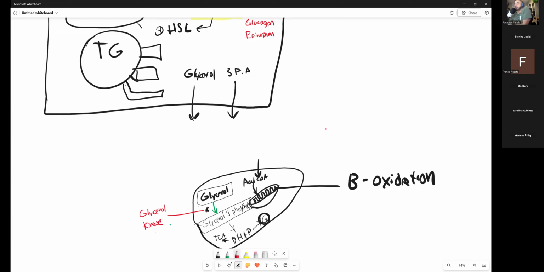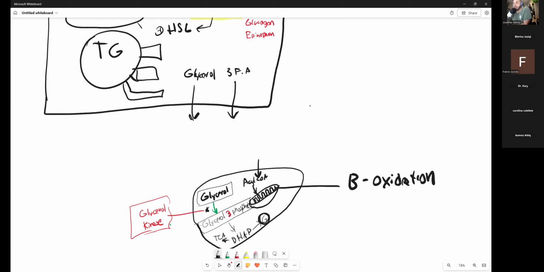It's phosphorylating the third carbon on this glycerol, and you'll see that it's going to create glycerol 3 phosphate. High yield point, guys, for biochem. Just remember this. Definitely, this is the fate of glycerol. This is the story of glycerol.